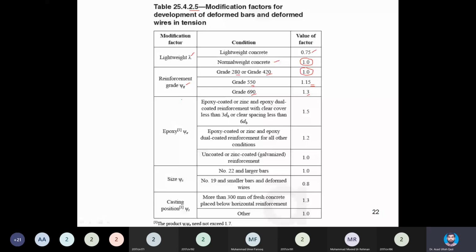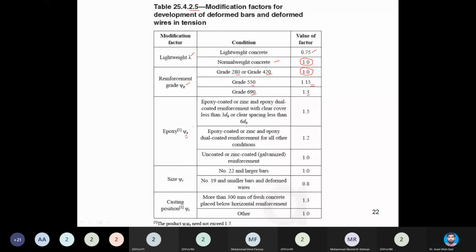Furthermore, there was another factor, the epoxy coating factor, psi e. To prevent rusting, you need to coat the bars, but obviously by coating them, your bond will be compromised because chemical adhesion will be absent actually, and friction will also be minimized.